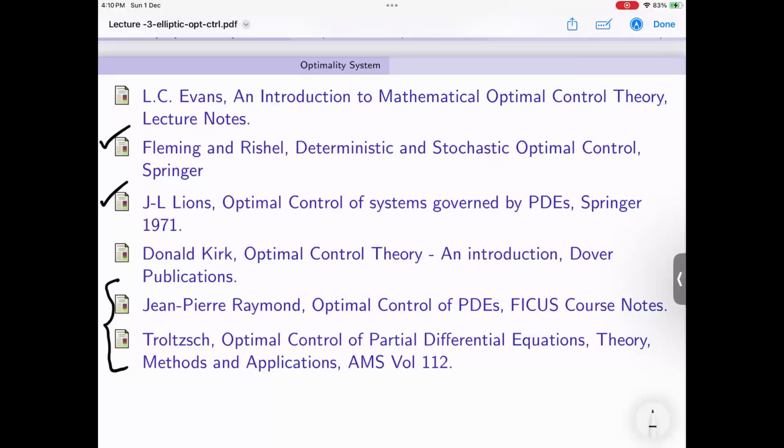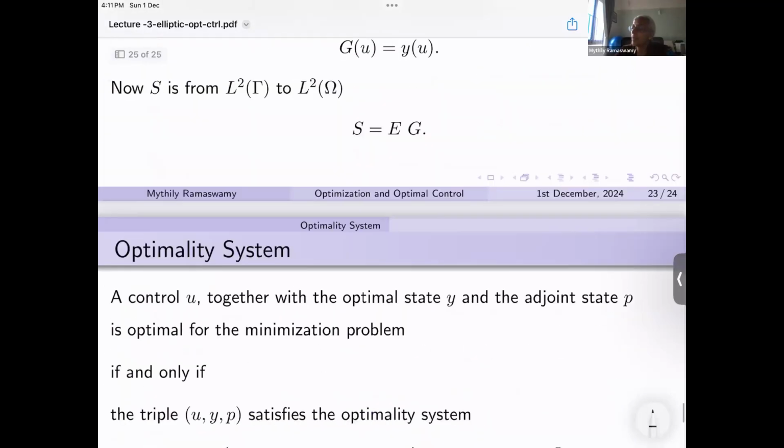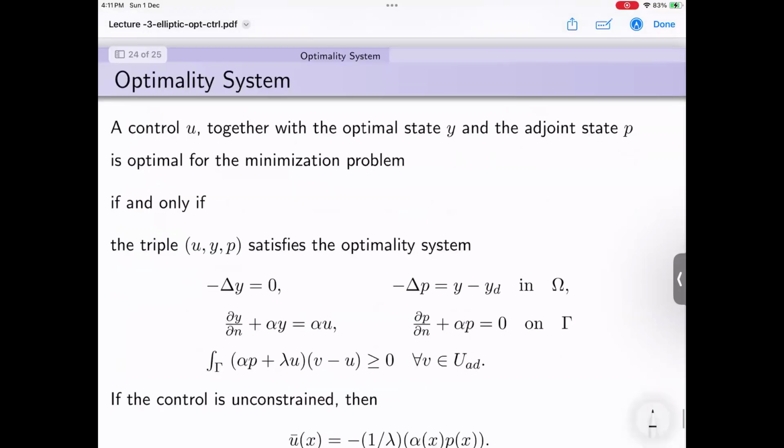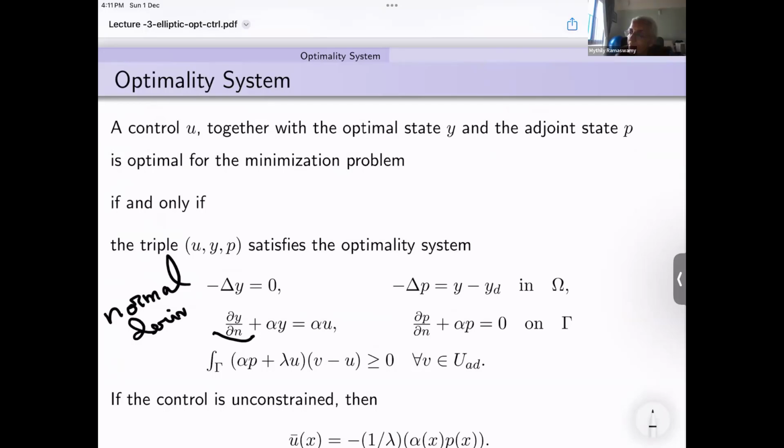Question: what is n in del y by del n before this? Yes, del y by del n, this is the normal derivative. If you have a boundary, n bar is the outward normal, we take the normal in that direction.